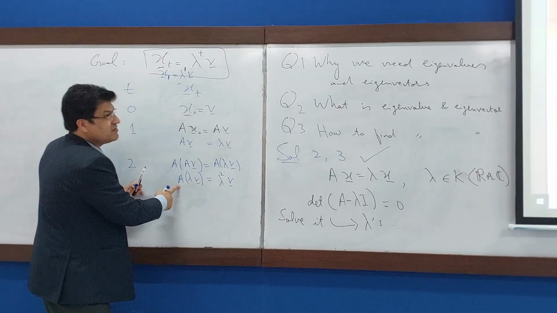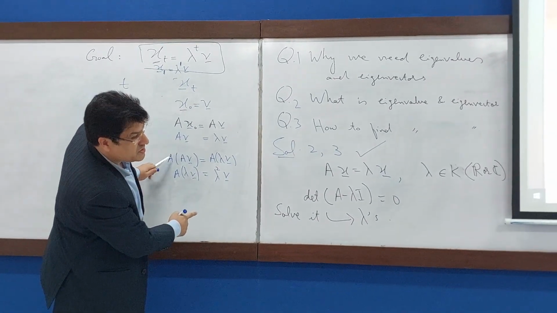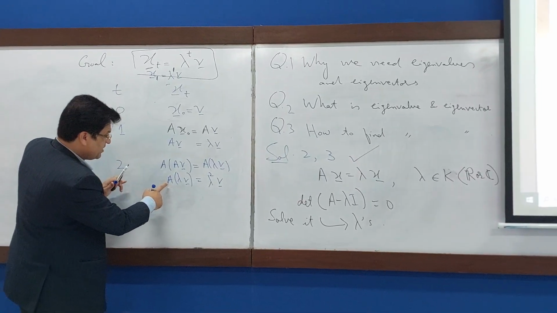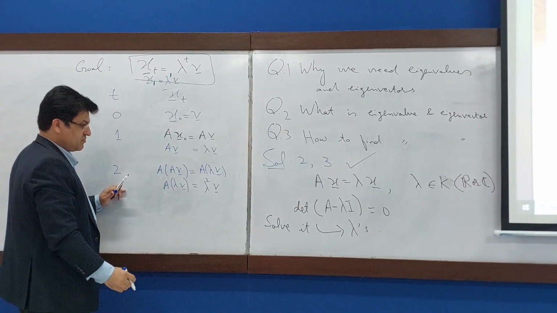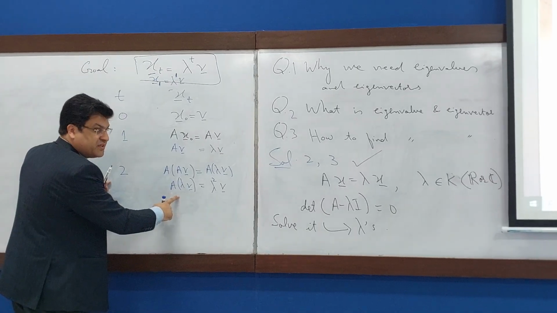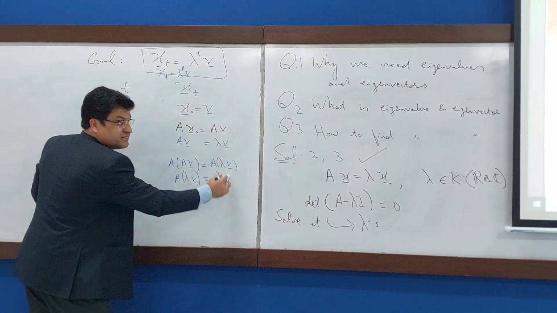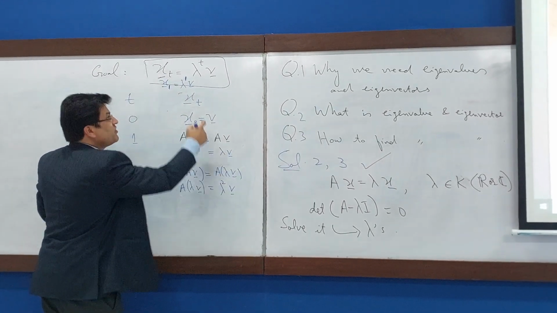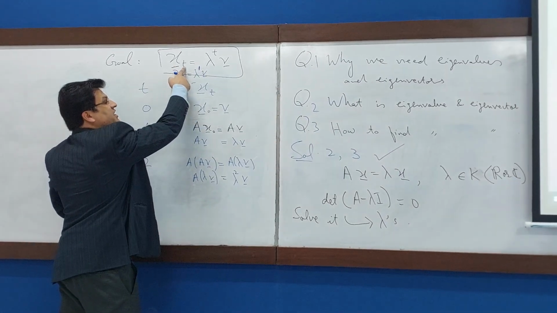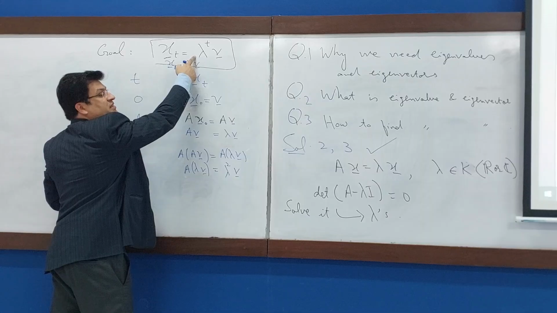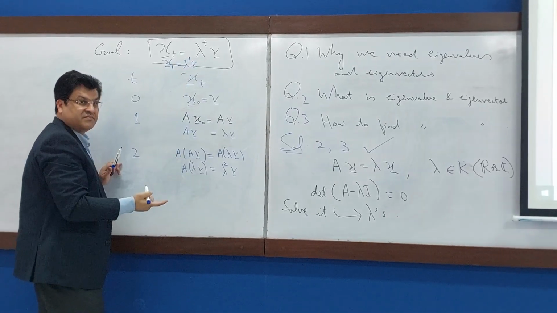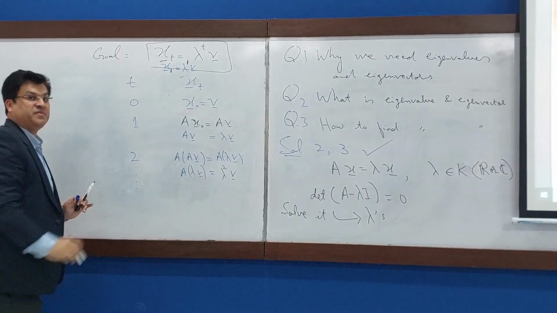Again A b is equal to this one. So now after 2 time steps, the formula is, and what this is saying, if t is 2, after 2 time steps, lambda to the power 2. This is how this formula has been developed.